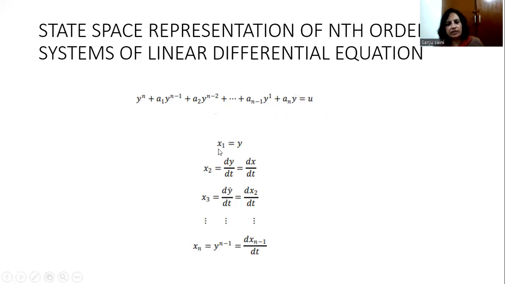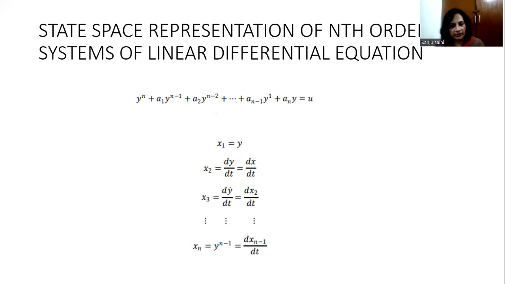In that case, we take up the state variables like this. The first state variable x1 is taken as equal to y. The second state variable is the first derivative of y. The third state variable is the second derivative of y.